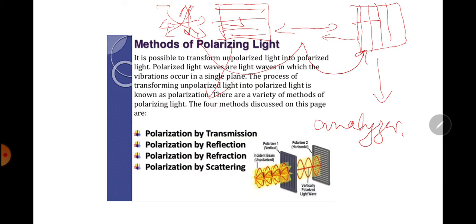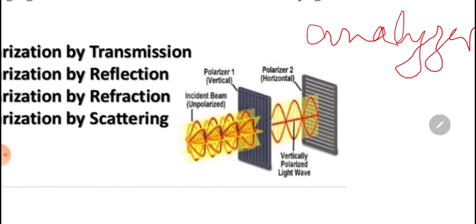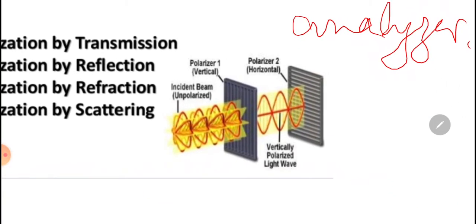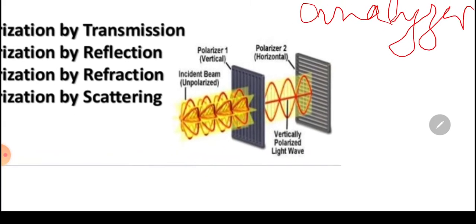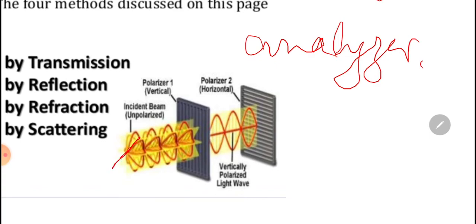Here, if you look at this diagram, this has all types of vibration, one plane, other plane. When it passes, only vertical vibration is passing.